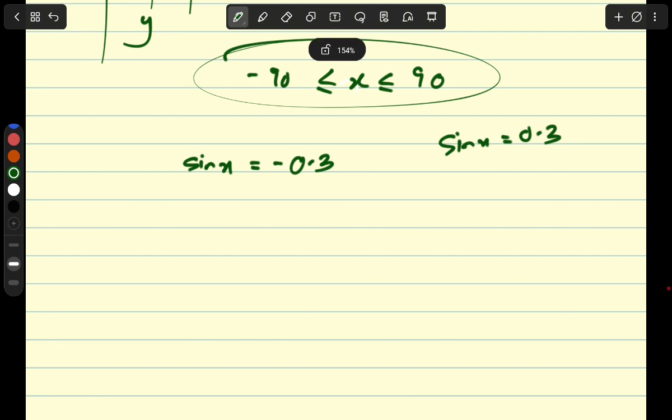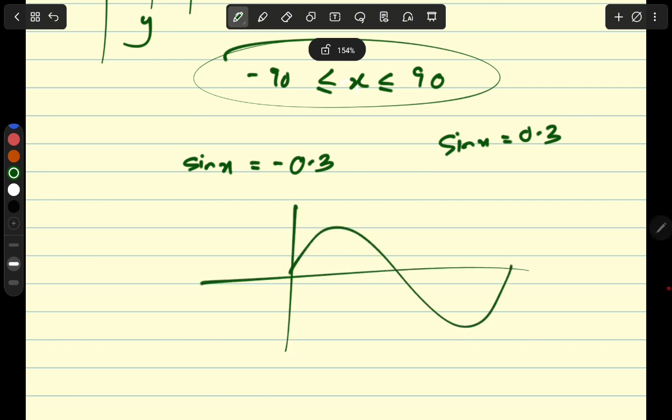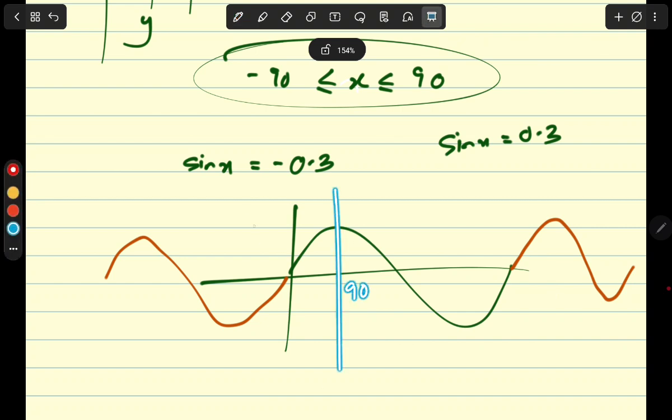Exactly the same reason, because without restriction there is no inverse, since the function will cease to be a function. We learned that for it to have an inverse, it must not have any turning point. The closest range to not having a turning point is between this restriction, negative 90 to 90.